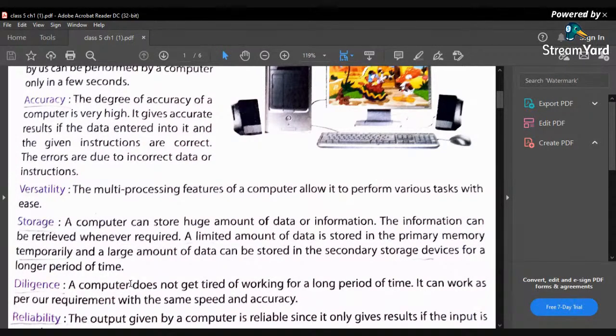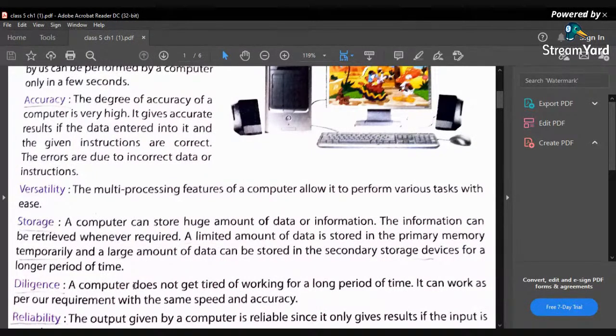What is called primary memory? Now I will discuss. In primary memory, the computer can store a limited amount of data, and secondary memory is a huge memory with huge capacity.